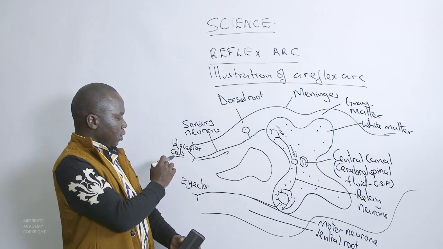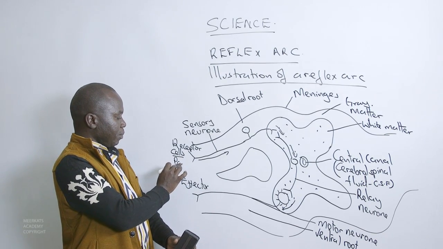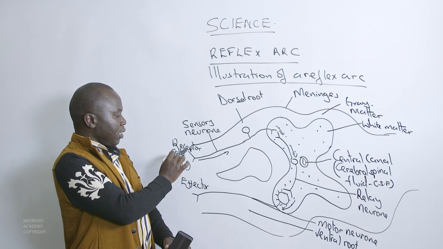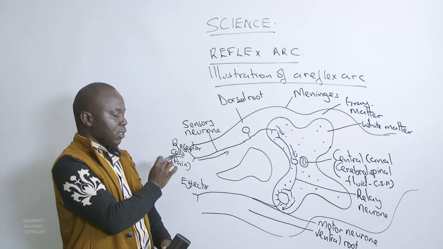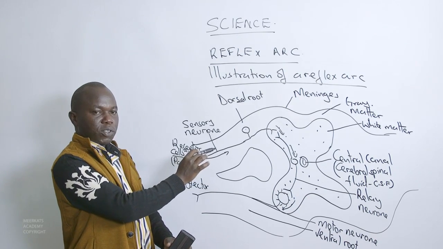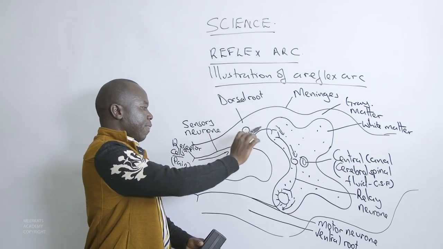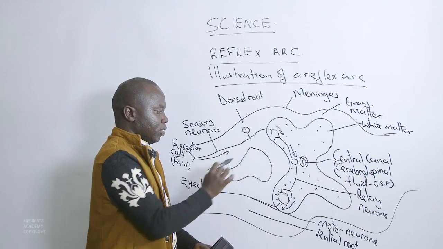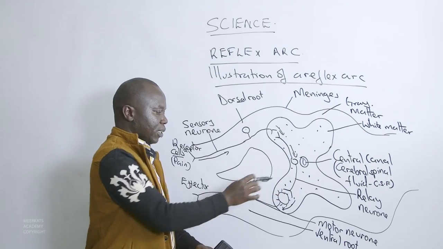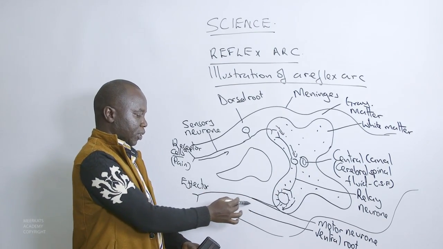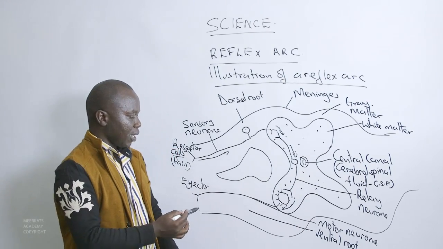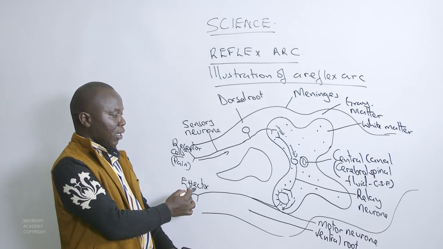Now, suppose we have something like pain. You step on a sharp object, the receptor cells will be stimulated. It generates a nerve impulse. The nerve impulse will flow through the sensory neuron and then into the central nervous system through the relay neuron. The brain will interpret, and in the process, it will release a motor response to effector organs.